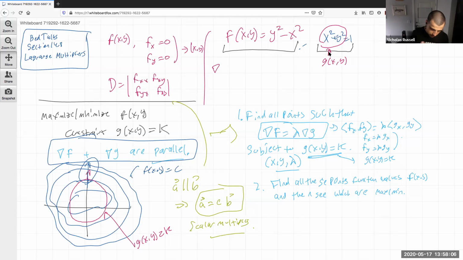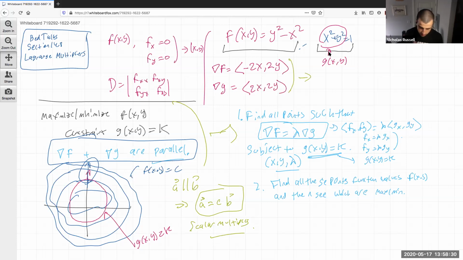The gradient of f here is equal to negative 2x, 2y. I'm also going to take the gradient of g, where I'm not taking into consideration the 1. The 1 is going to come into play later. The gradient of g is just 2x and 2y.